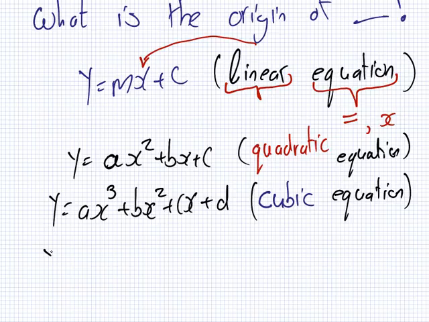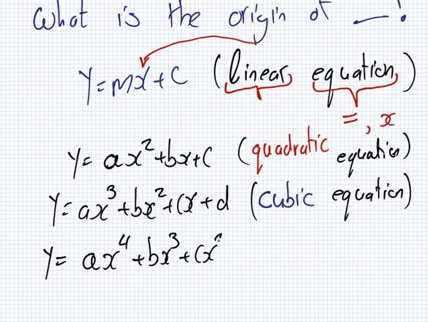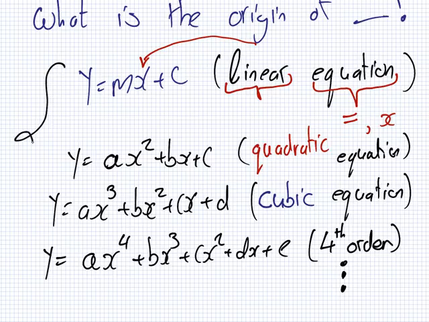And then if it's like this, once we get to 4, we just call it 4th order, 5th order, 6th order, like that. So only the first three have a special name: linear, quadratic, cubic. Then the rest is just fourth, fifth, sixth.